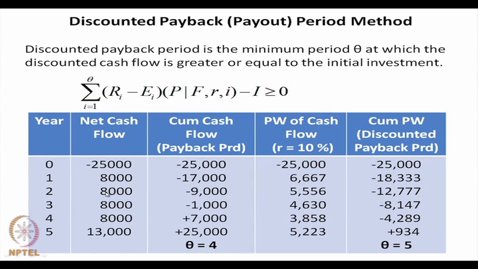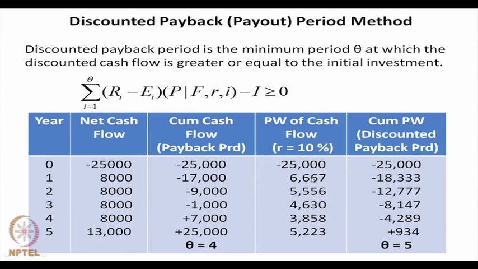After the second year, similarly, this 8,000 is discounted to the present, meaning the year is taken as 2. That means, 8,000 divided by 1 plus R, which is 10%, squared.